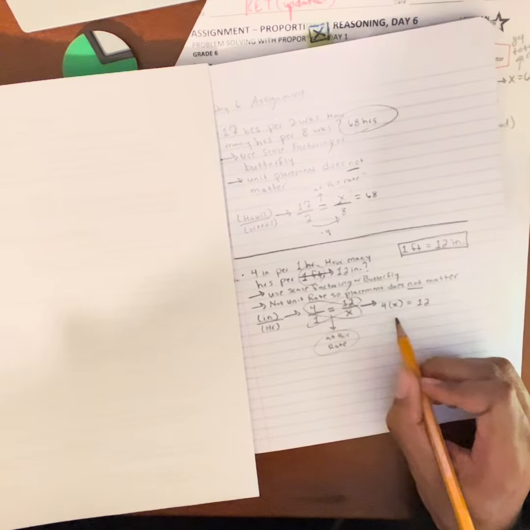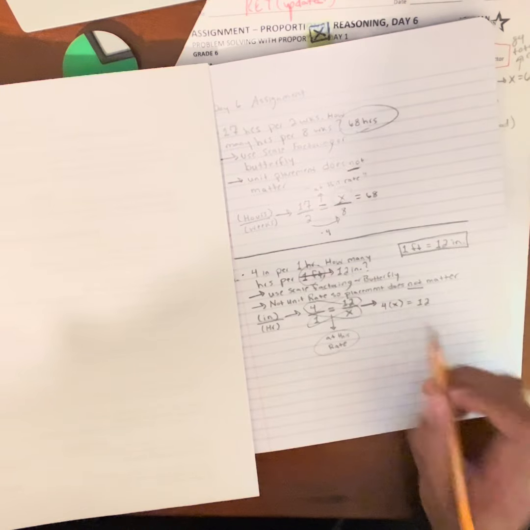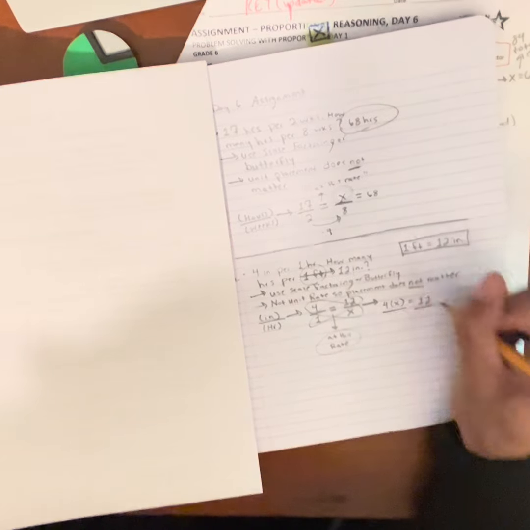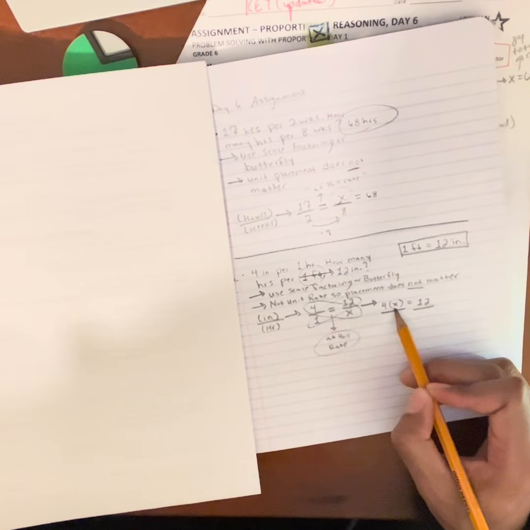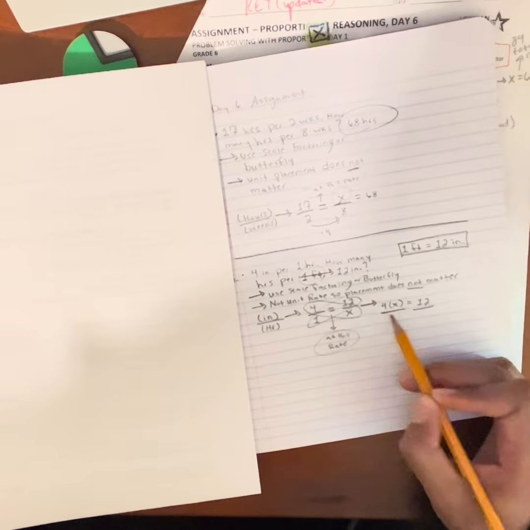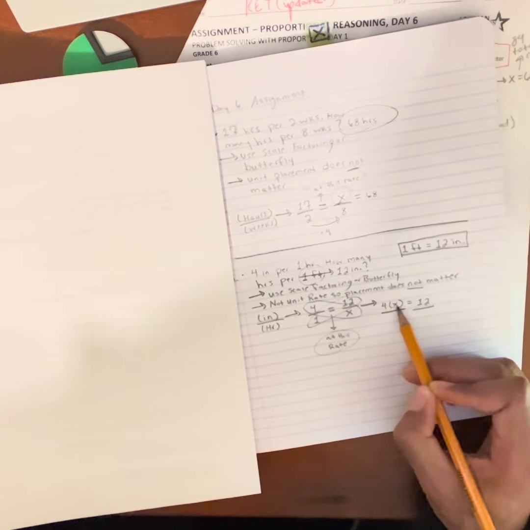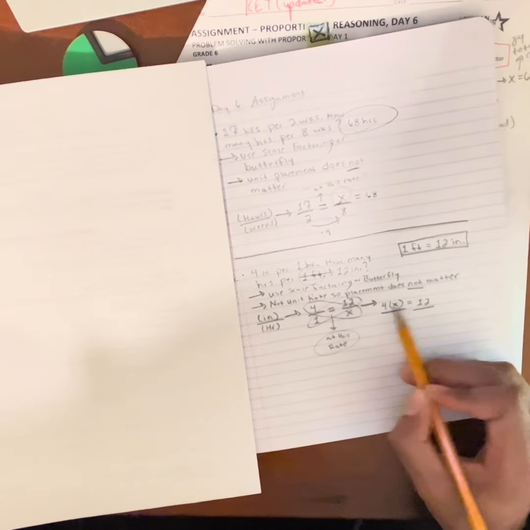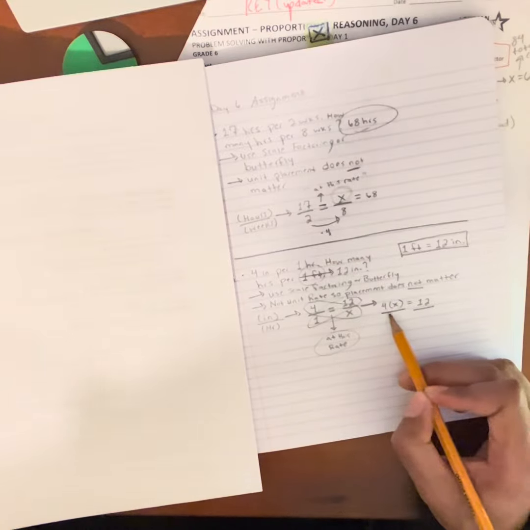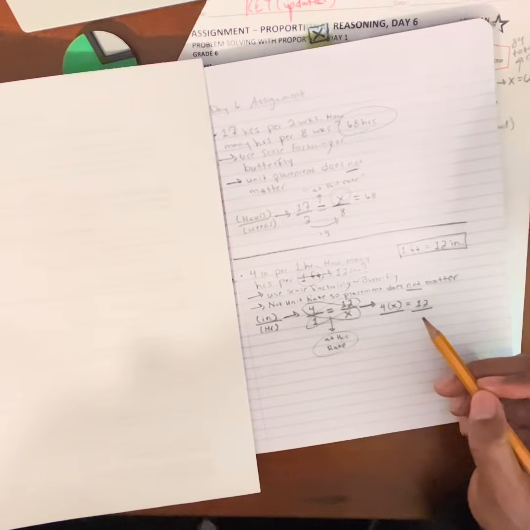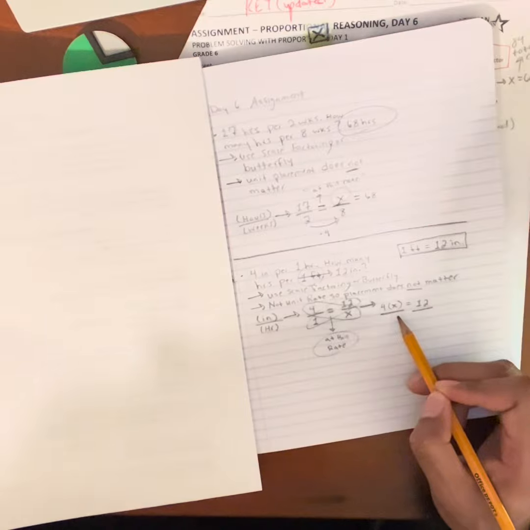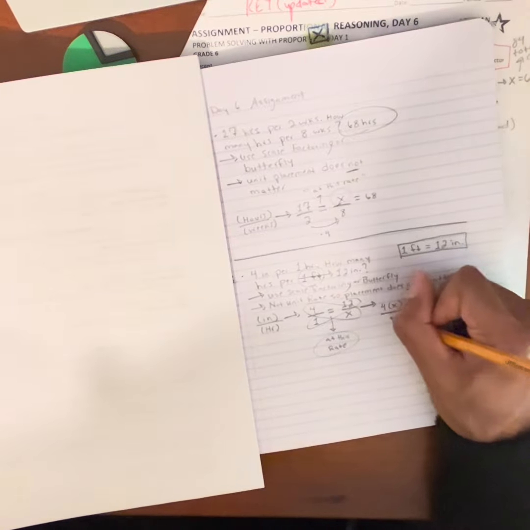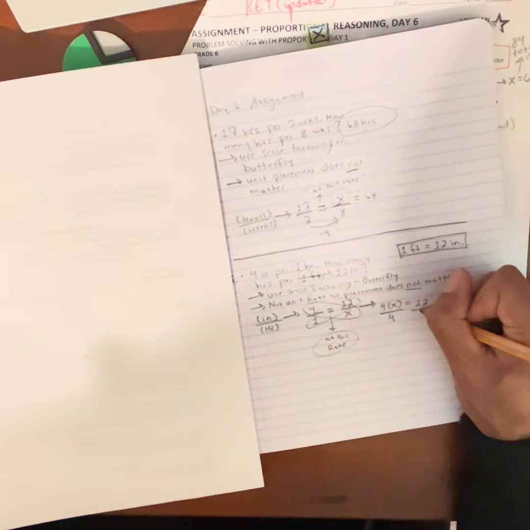Now the goal is always to get the x by itself. So let's divide by 4. And we're dividing because you are multiplying 4 by x. This is just like any other number, right? If you see anything like this, it means it's being multiplied. And what's the opposite of multiplication? Division. So if I divide by 4, I can get the x by itself.